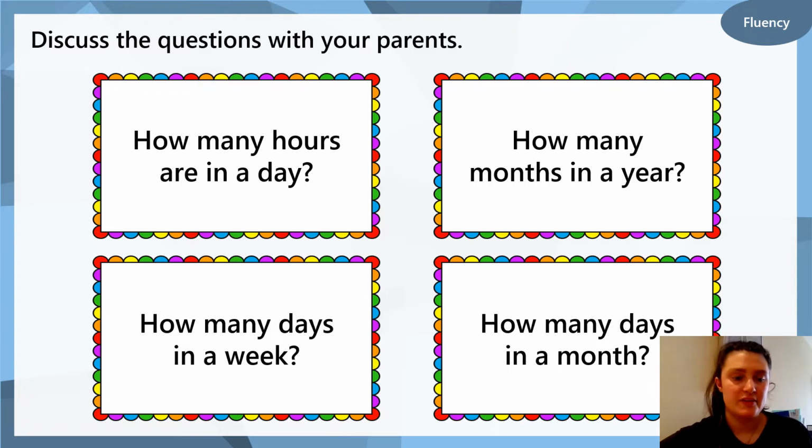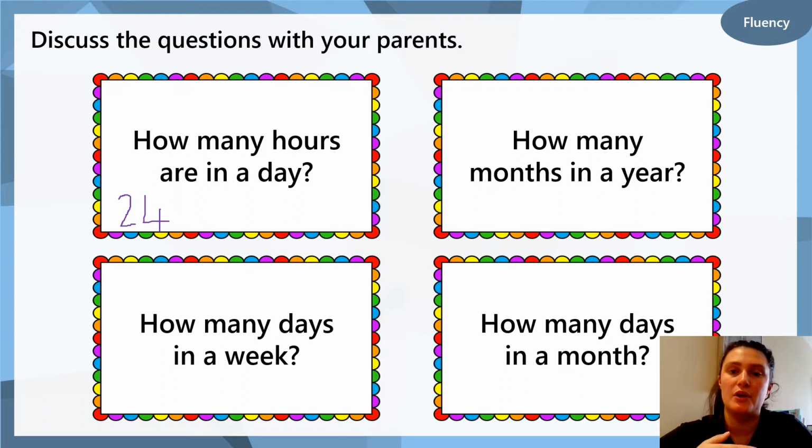So I'm going to go over these answers quickly with you. So there are 24 hours in a day. The numbers go from 1 up to 12 and they go twice. So every day we have 2 1 o'clocks, 2 2 o'clocks, 2 3 o'clocks, all the way up to 12.